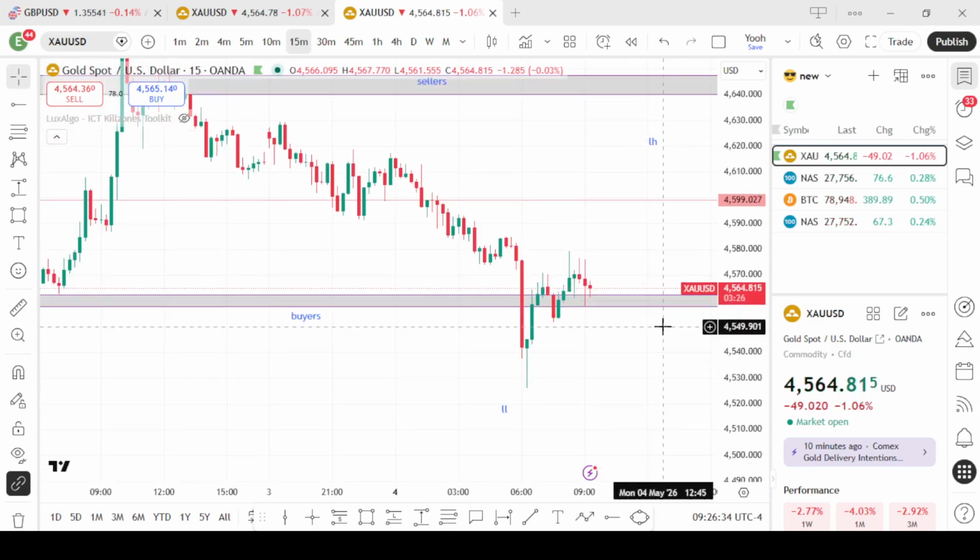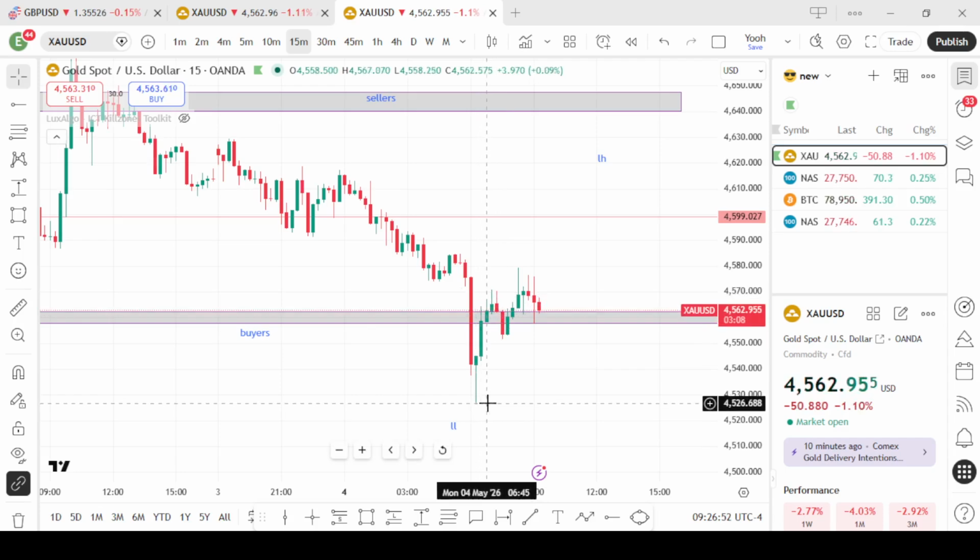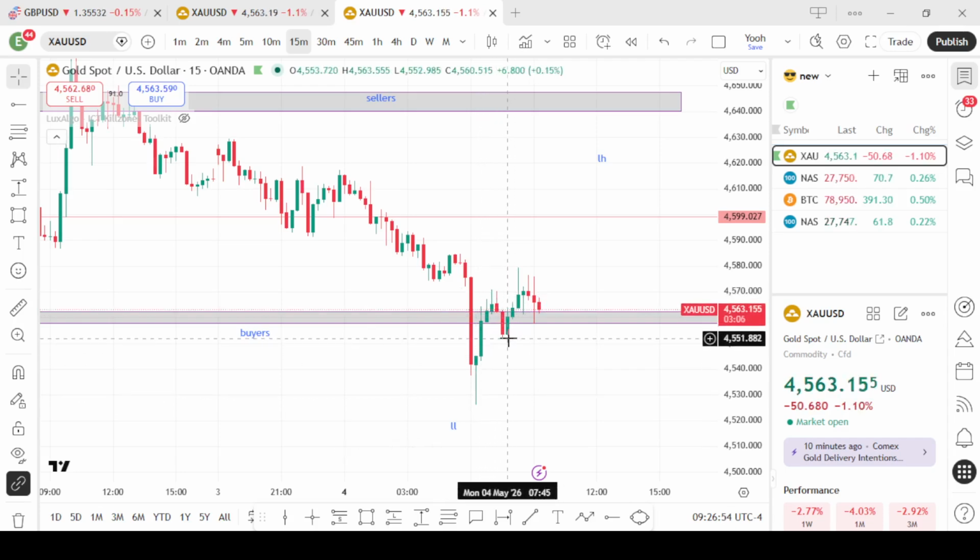So in the 15 minutes, we've started making higher highs. This is higher, this is higher lows. This is a higher low. This is a lower high, yeah. So we wanted to see it go down below this, but it formed a lower low. What's it, a lower low? Lower high.